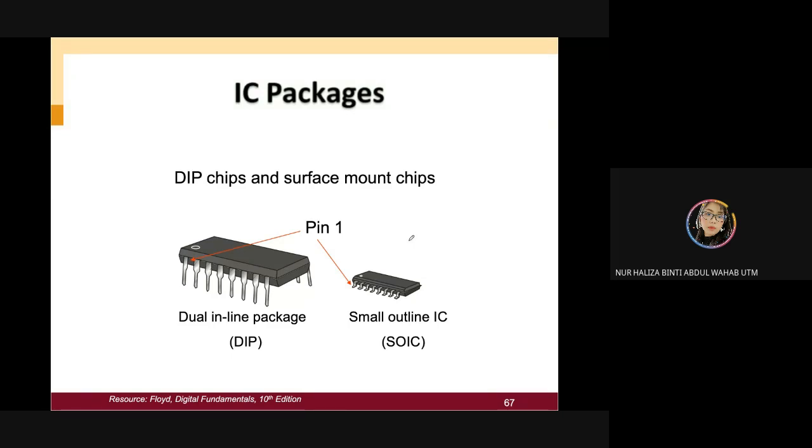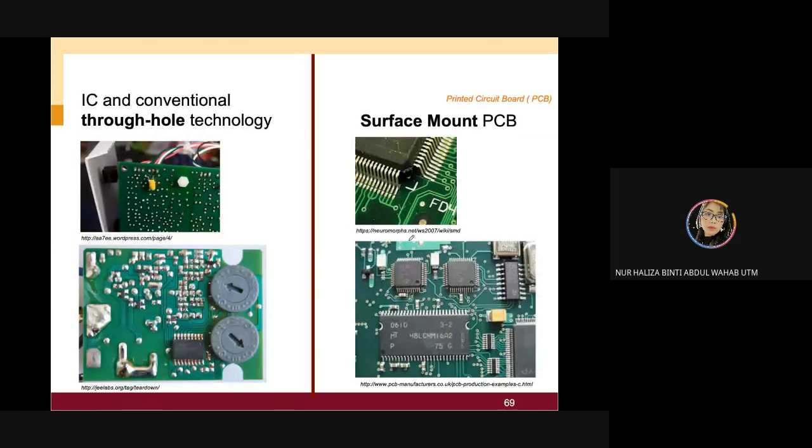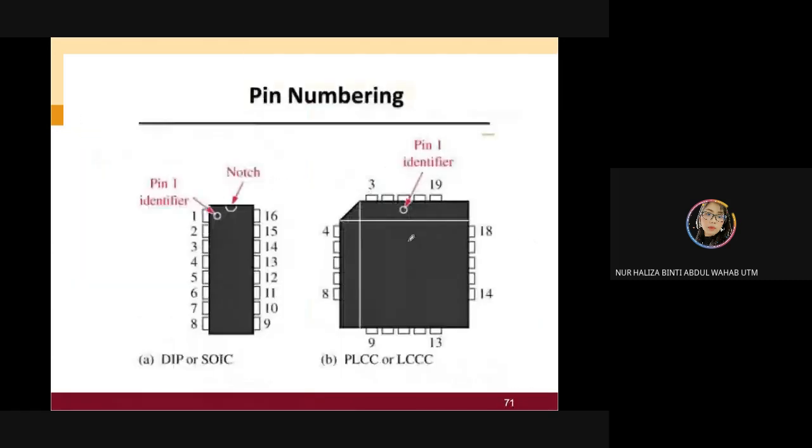So in the IC package, you can see you're going to have a notch over here. You're going to start counting your pin number using this method. You're not going to rename the numbers however you want, you cannot.